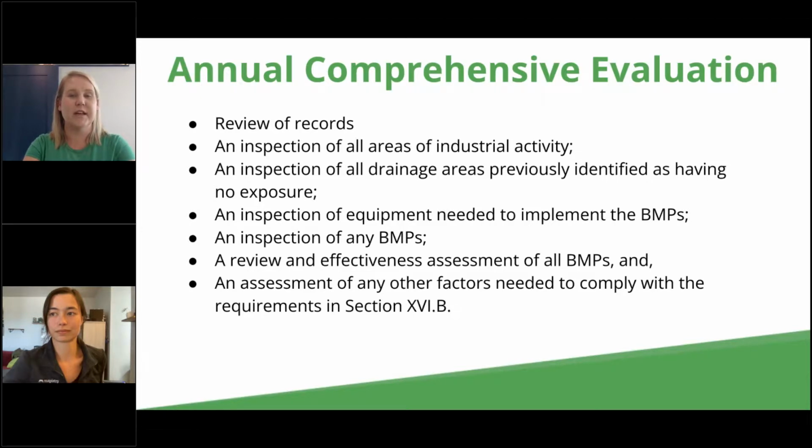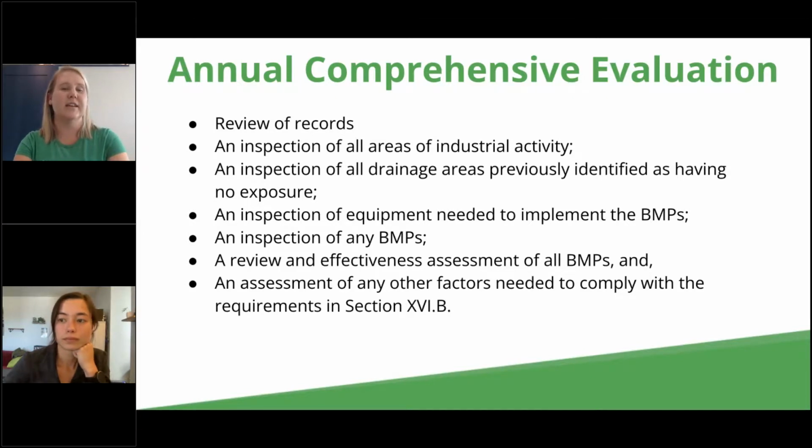If you have drainage areas that you previously identified as no exposure, which means there's no industrial activity that could pollute from that area, you need to walk over to that area and confirm that it still meets that no exposure criteria. You also want to do an inspection of the equipment that you need to implement your BMPs.